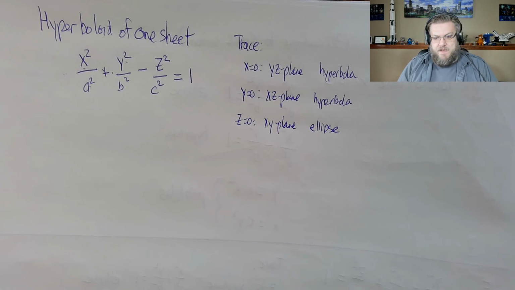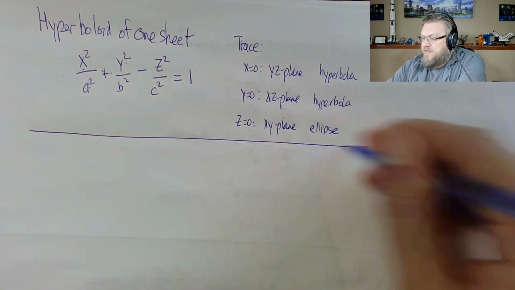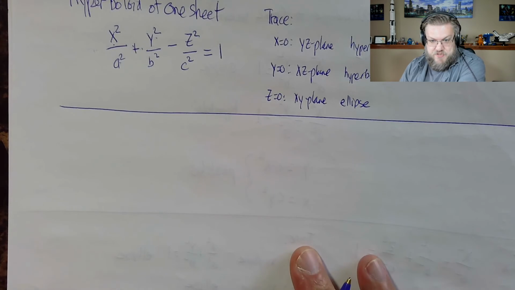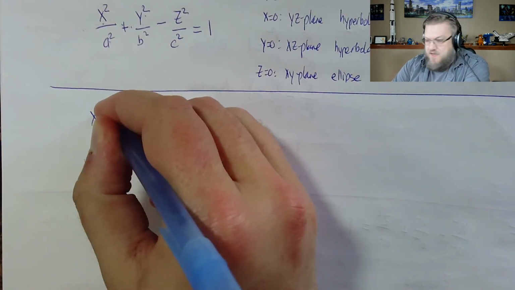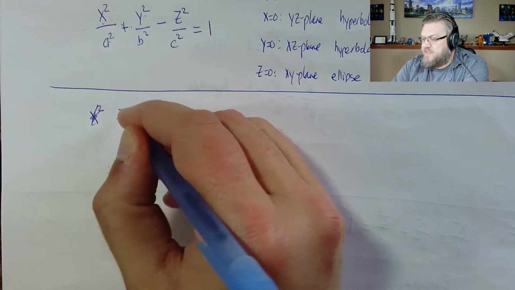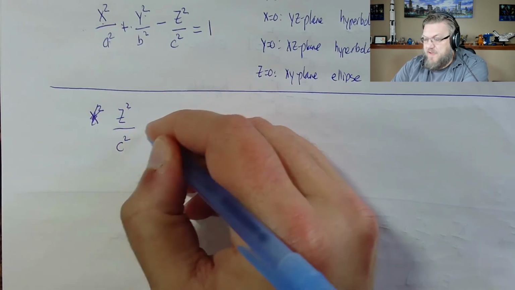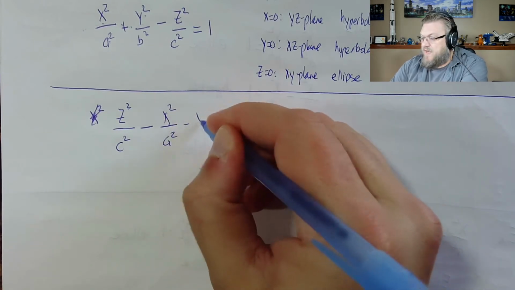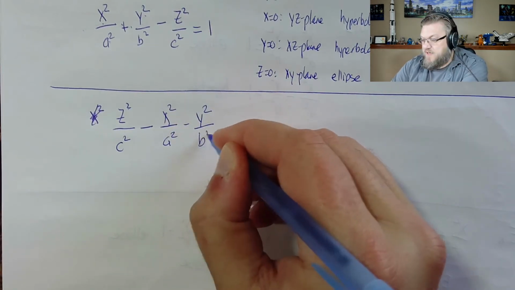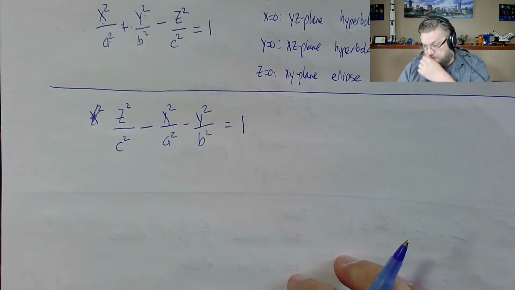Okay. Now, what if we have one positive term and two subtraction terms? So here we have z squared over c squared minus x squared over a squared minus y squared over b squared equals 1.